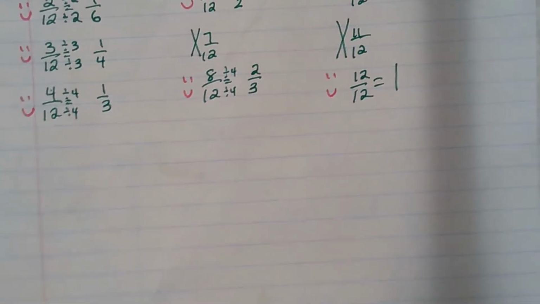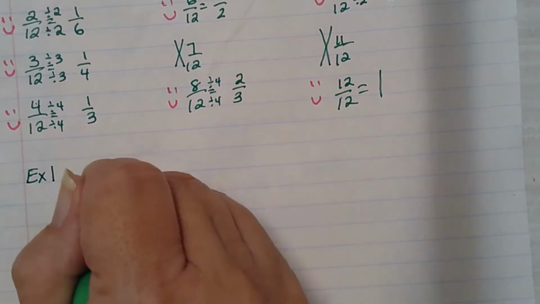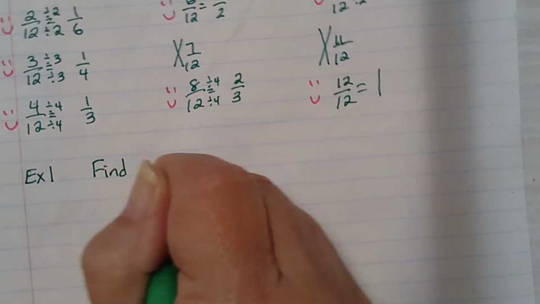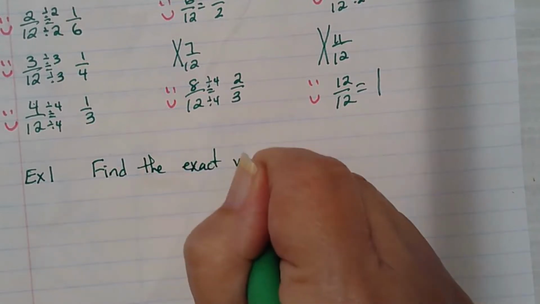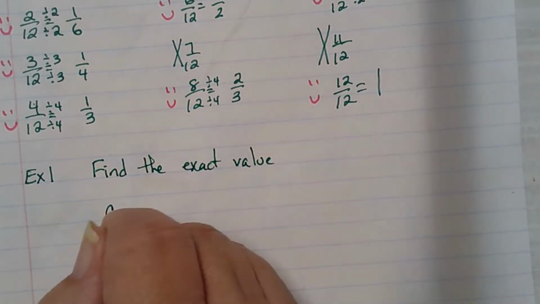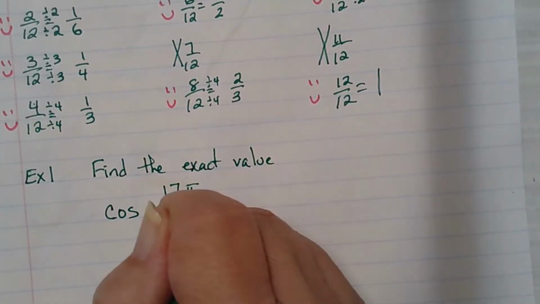So we're going to start with example 1. That is going to say, find the exact value for the cosine of 17 pi over 12.